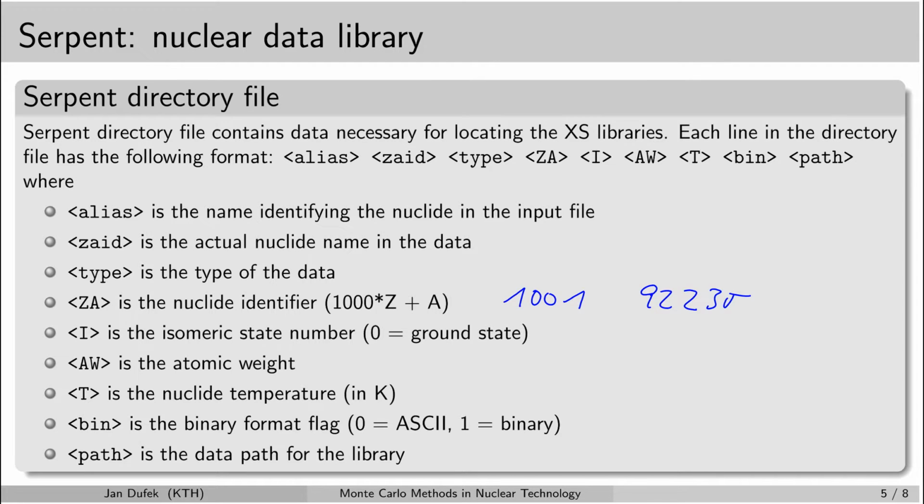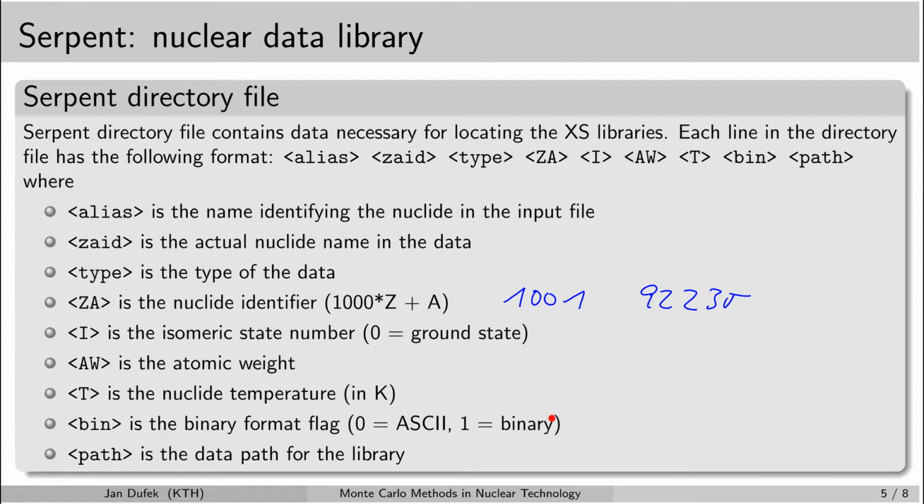If it's in the binary, then the input here is 1. If it's in the ASCII or text form, then the input is 0. We have all the cross-sections in the ASCII format, so you can basically open it in any text editor and look at the data. When it's in the binary format, then you cannot easily display the data.